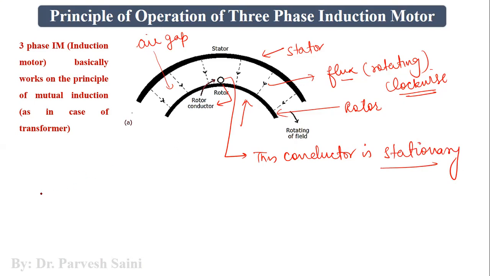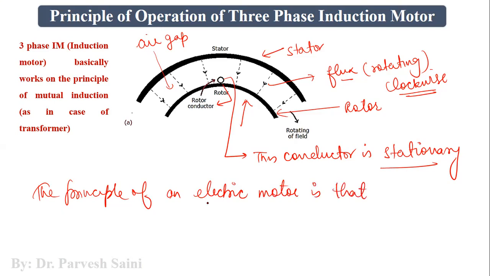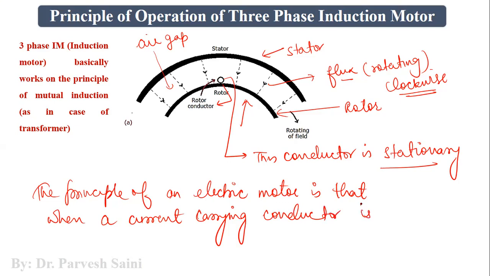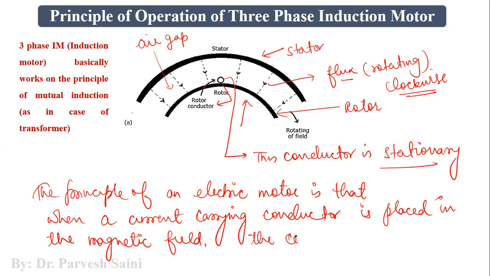Now the principle of an electric motor is that when a current carrying conductor is placed in a magnetic field, the conductor experiences a force.